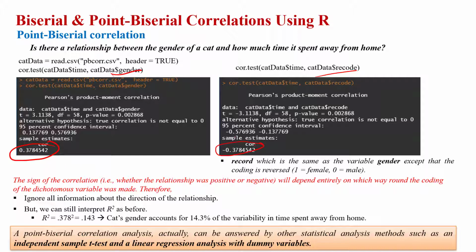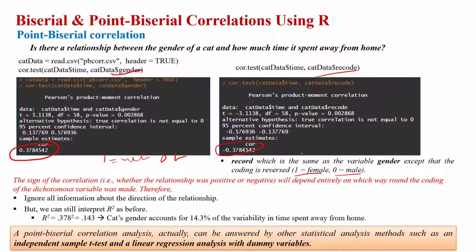The difference is that in the gender variable we have represented 1 with male and 0 with female, whereas in the record variable 1 is representing female and 0 is representing male. If you remember, when we talk about the Pearson correlation coefficient, we say it tells us about the direction and the strength of the relationship between the two variables.